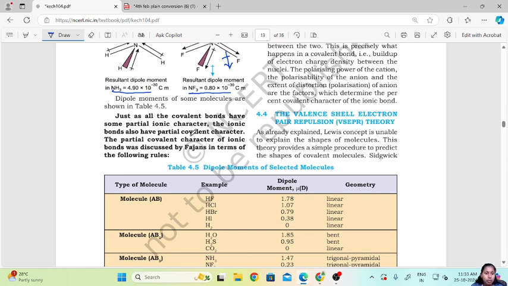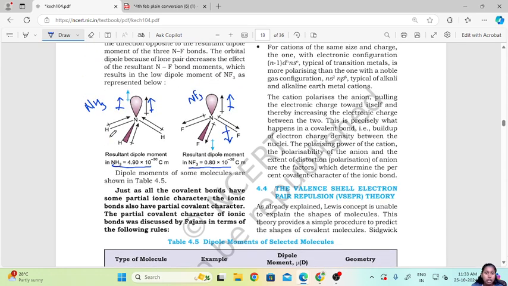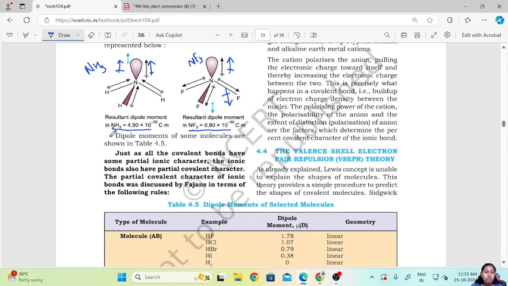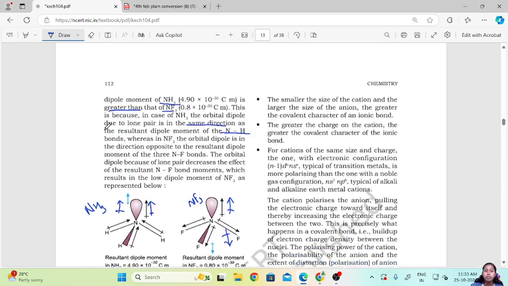Now, the partial covalent character of ionic bonds was discussed by Fajans in terms of the following rules.